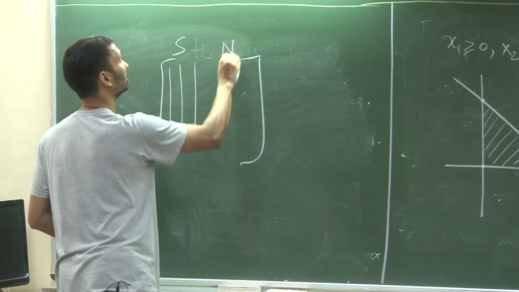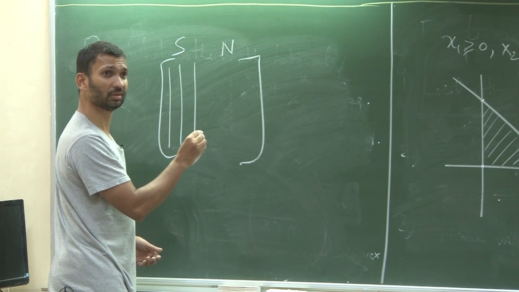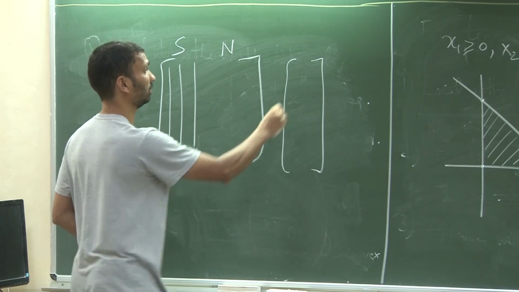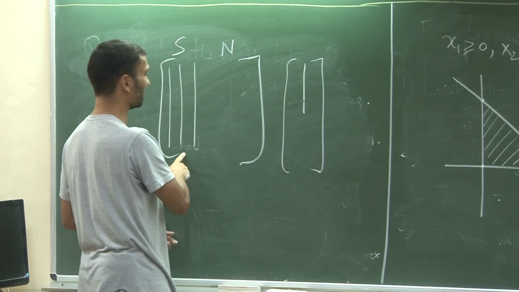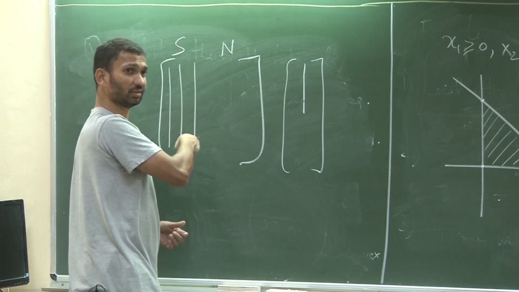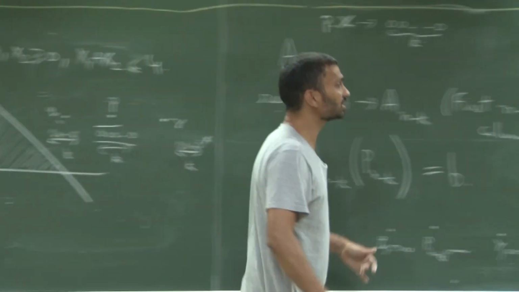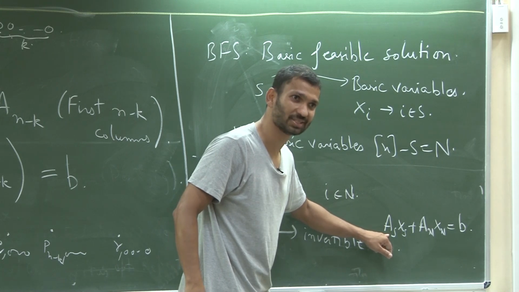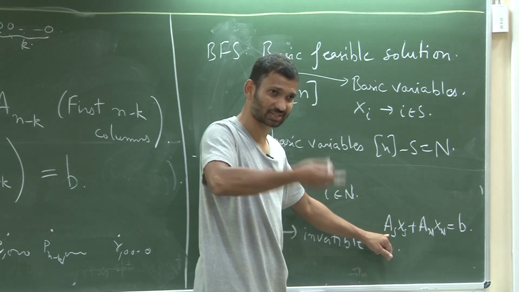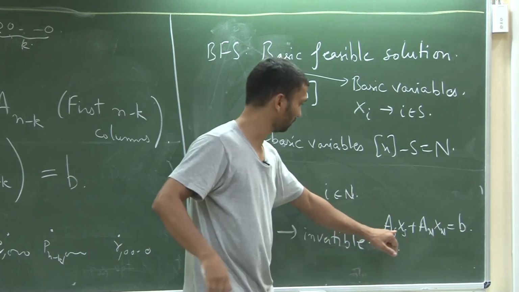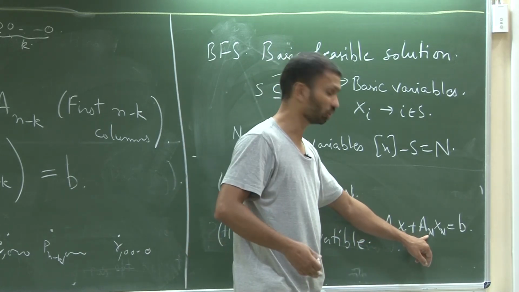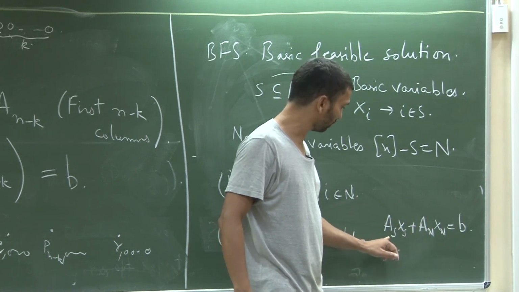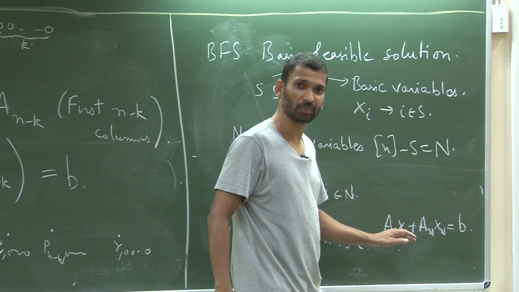So this is S, this is N, right? So this dimension matches this, but the length, right? Think of it as a linear combination of columns of A from the basic set, same dimension. So we are still working in the column space of A. This is a linear combination of non-basic columns. Basic columns, non-basic columns. Will you be happy if I change S to B or keep it as S?